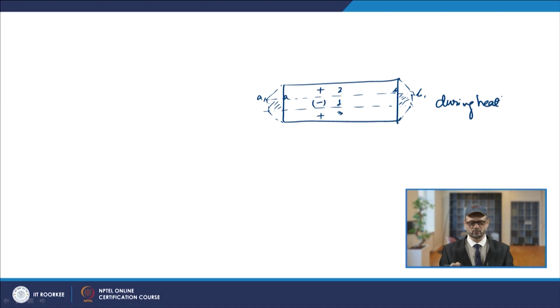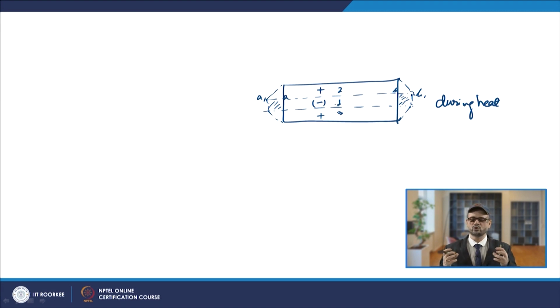Then, if you go further and talk about the cooling, when it starts cooling, zone 1 will try to contract, and zones 2 and 3 will try to restrain it from contracting because the temperature is decreasing.